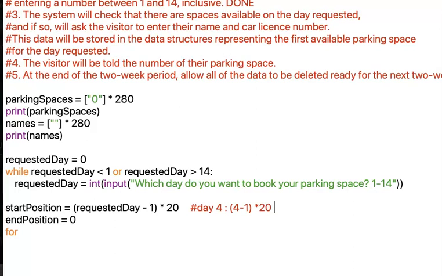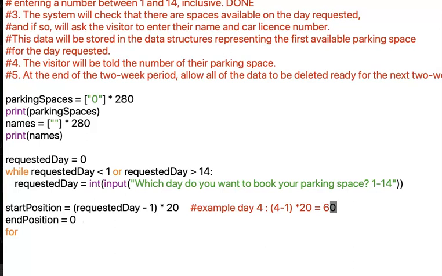And that would get us to element number 60. So if I just put that there, that would get us to element 60. And for element 60, it's the 4th lot, basically. So that will be our start position. So we got to element 60 before we're looking for a position to save.